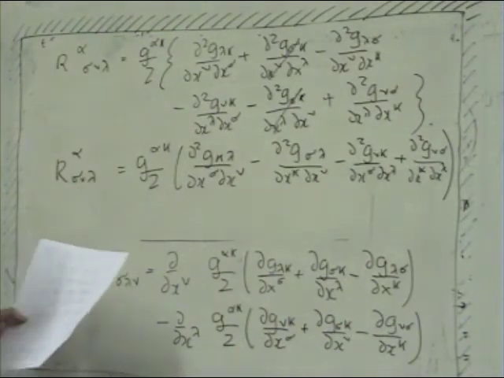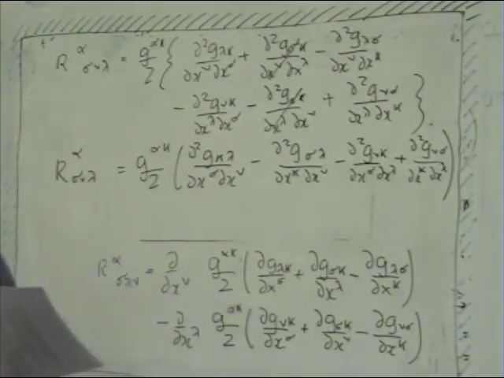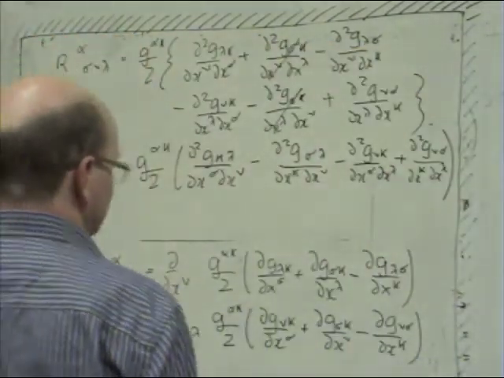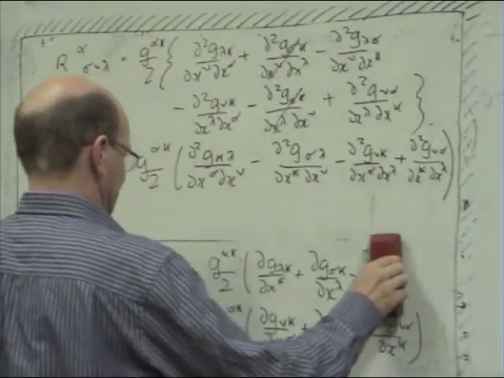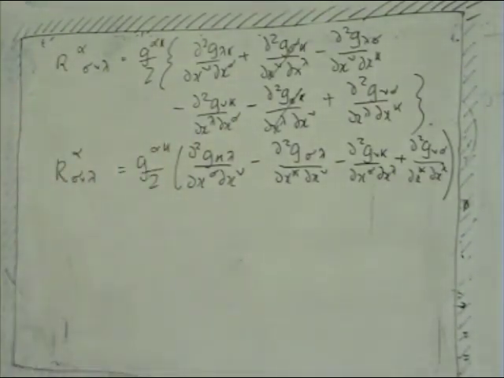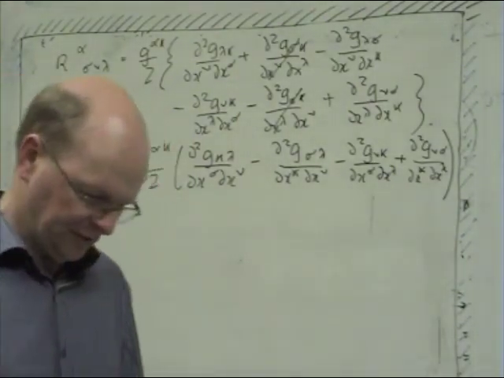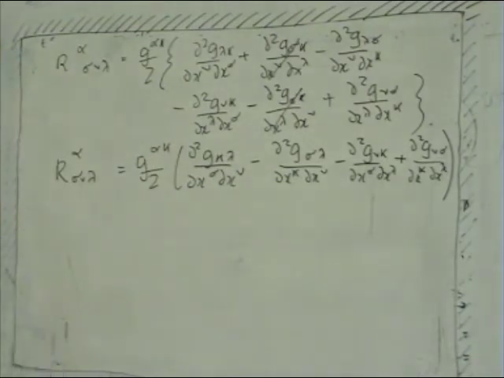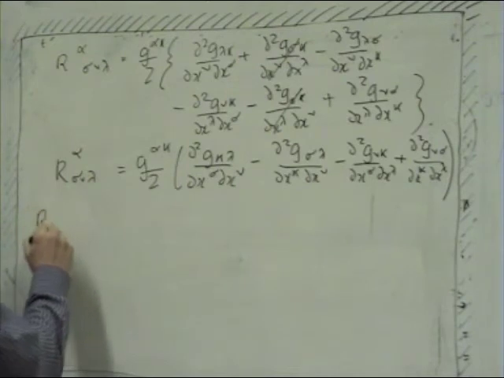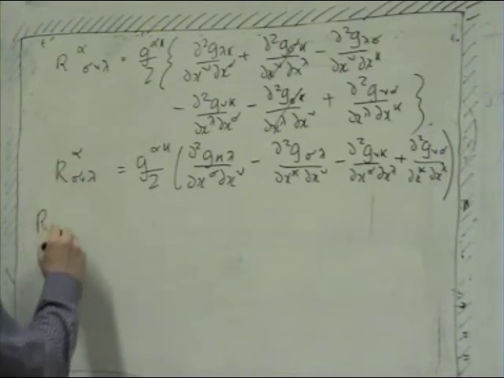So yes, it's fairly disgusting, but if you keep your head, all it is is index manipulation, and not that complicated index manipulation at that. Right, for part D, you're asked to find an expression for a thing that has the same letter symbol R, but instead of having an upstairs alpha, it's got a downstairs omega.